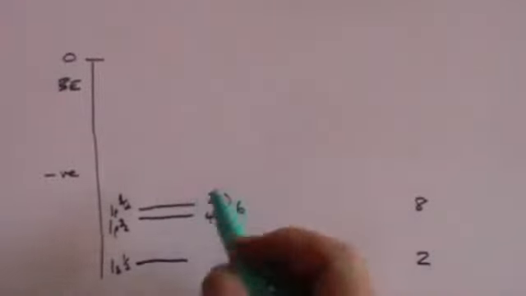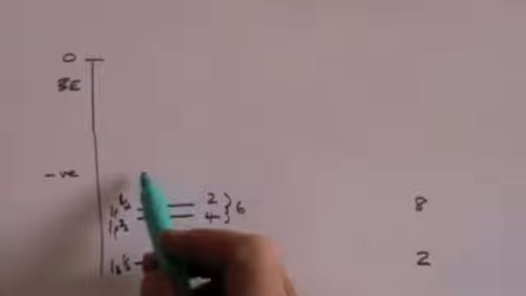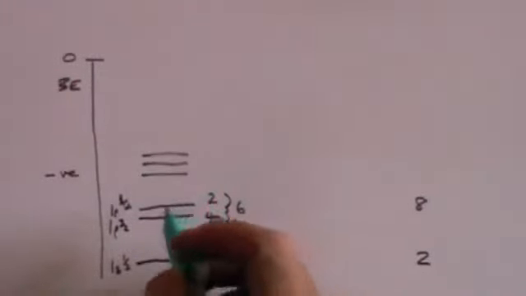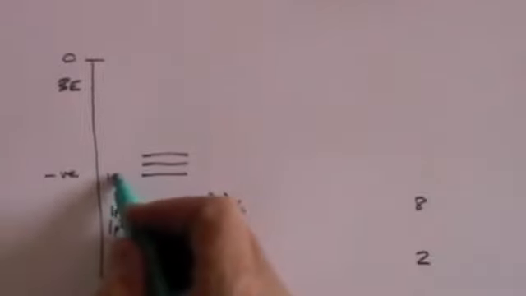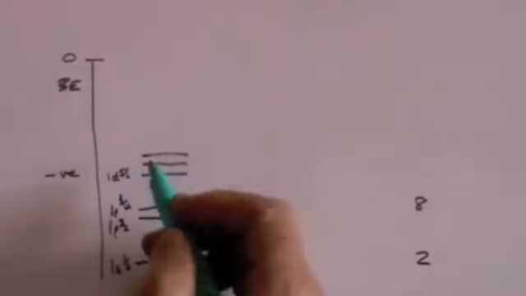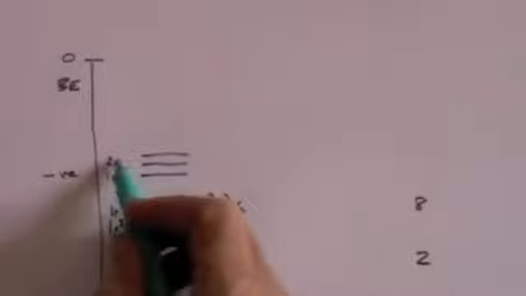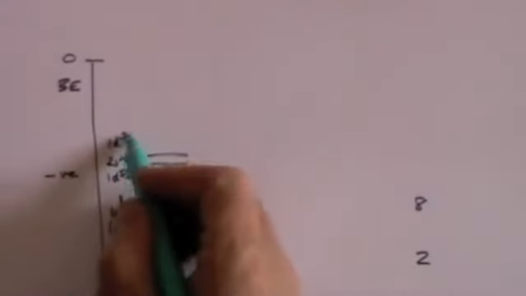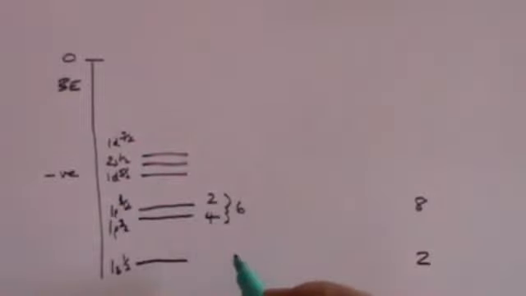There's then another gap before you get to another set of levels, and there are now 3 very close together: the 1d5/2 level, the 2s1/2 level, and the 1d3/2 level.